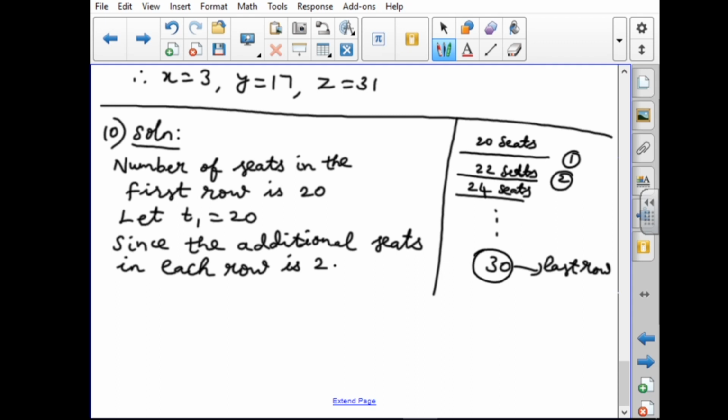Therefore, the number of seats in the second row.